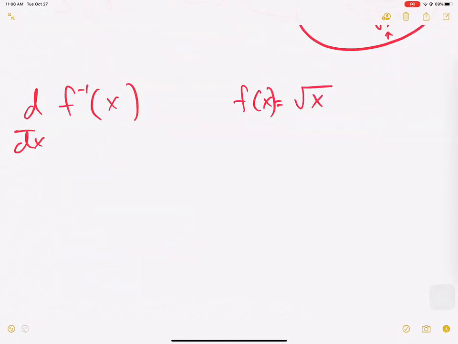Let's say I give you the regular function and I ask you to find the derivative of the inverse function at the number f inverse of, oh, no, not 8. We'll say 16.